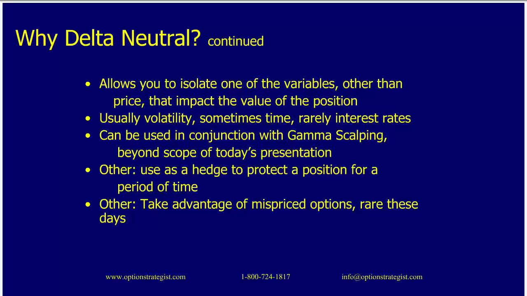And so that's why I consider myself a volatility trader. And the way I think about it is, when volatility is relatively low, I'm a volatility buyer. And when volatility is high, I'm a volatility seller. So the whole idea of this is really to take the price component out of the equation, so we don't have to predict price.